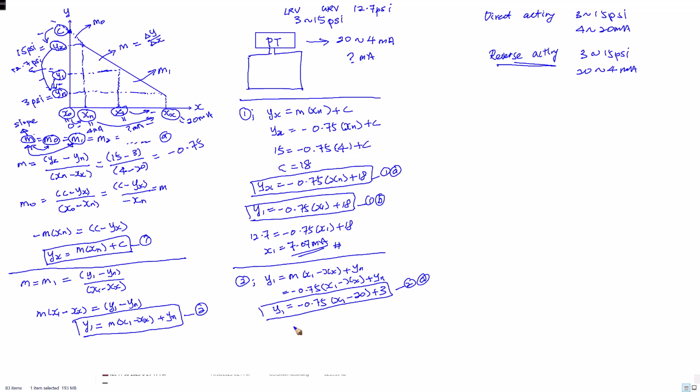As we know, y1 is 12.7, so 12.7 psi equals minus 0.75 times (x1 minus 20) plus 3. Then we can find out the x1 value. After calculation, the reading is about 7.07 milliampere.